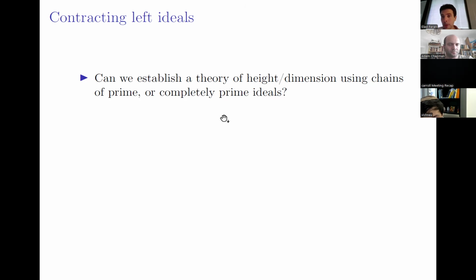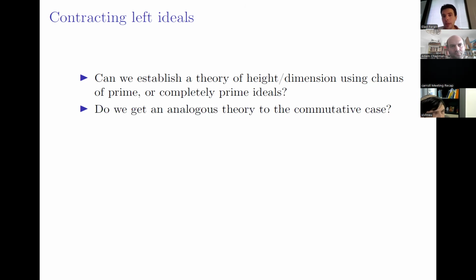So it sounds reasonable that here you should do it using chains of either prime ideals or completely prime ideals, left ideals. It's not clear which one, but we would like to know if such chains of prime ideals or completely prime left ideals behave in a similar fashion to their behavior in the commutative case.